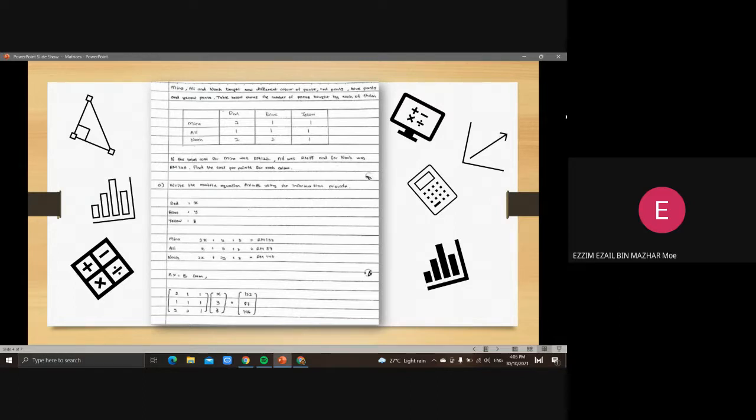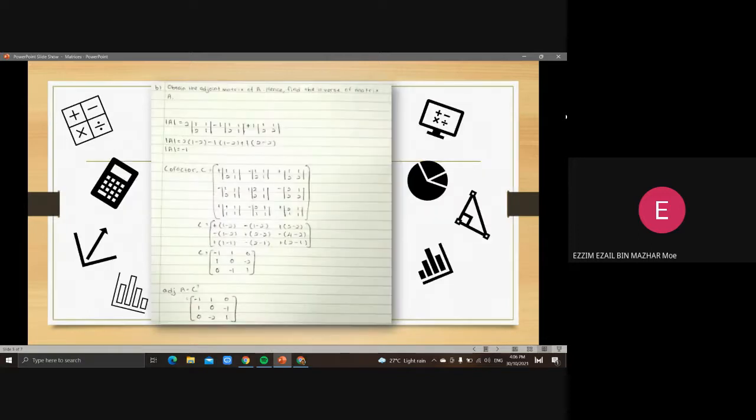Close the bracket, multiply by the unknowns x, y, and z inside a bracket, equals the amount of money they spent: 122 ringgit, 87 ringgit, and 146 ringgit. That's the final answer for my question.